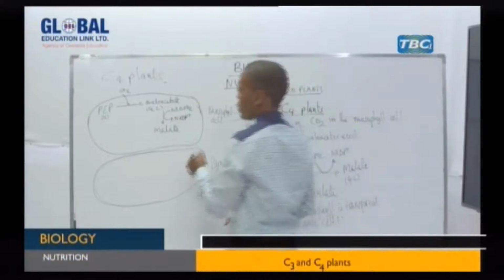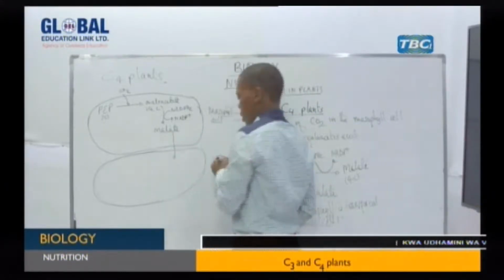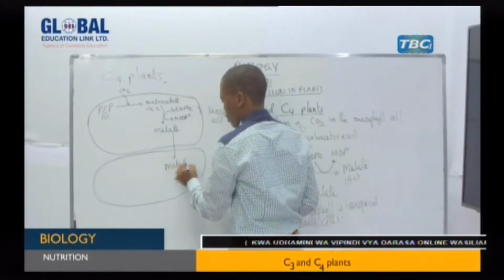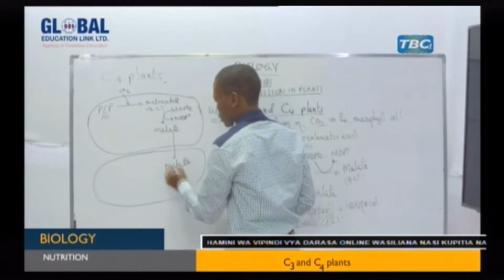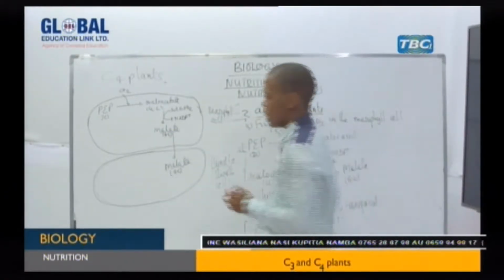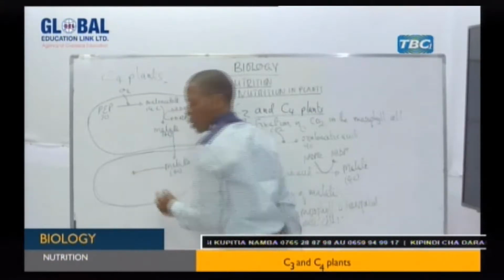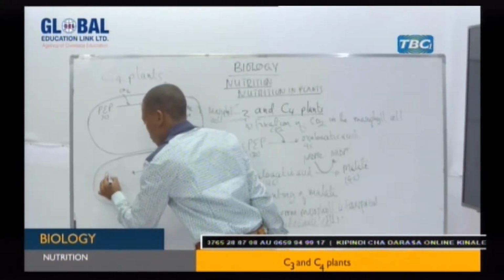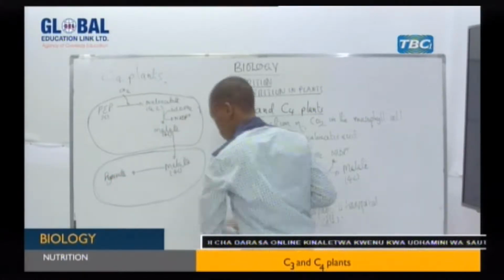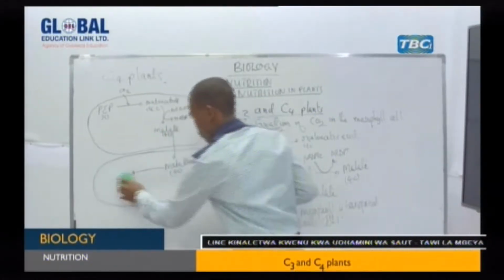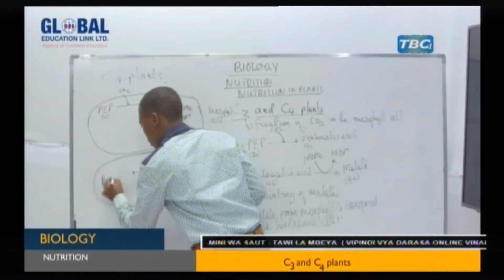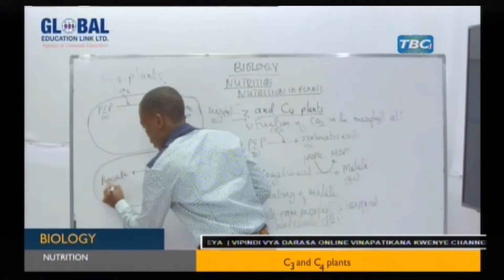Malate, after being formed, again is transported into the bundle sheath cells. This is 4 carbon compound, remember, this is 4 carbon compound. This malate in the bundle sheath cells dissociate to form a 3 carbon compound known as pyruvate. Carbon compound.